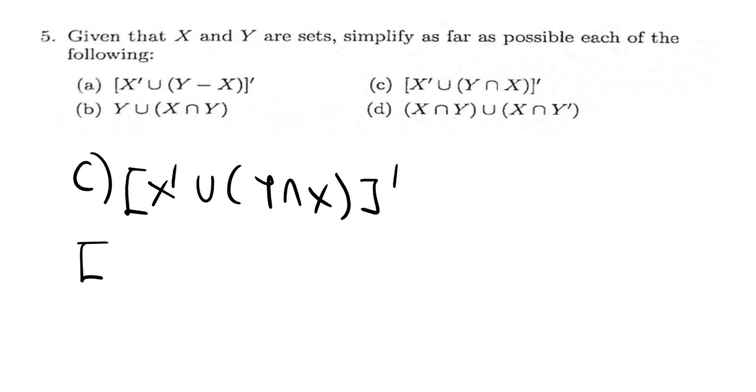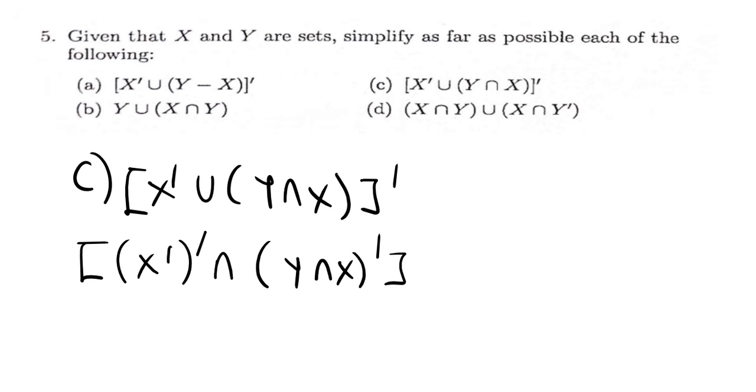So here we're just going to solve it in a normal way. I'm going to have x, this is a complement, I'm going to distribute the complement, then the union is going to become intersection, then I'm going to have y intersection x, then I'm going to put a complement there. Then I solve x complement, x complement, and the complement will just give me x intersection.